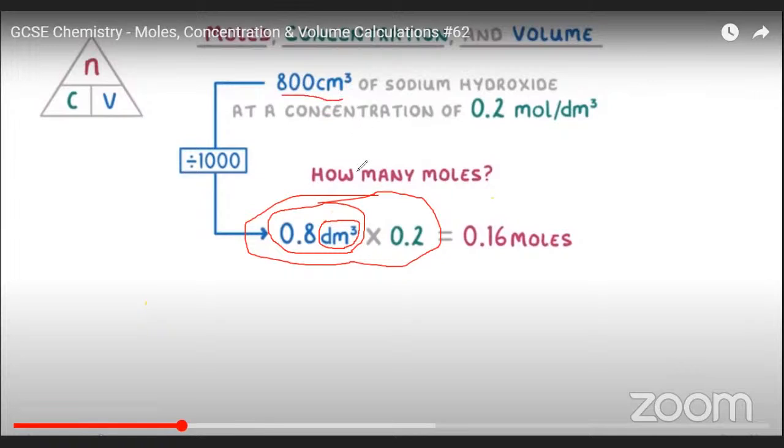Does that make sense? Yes, it does. So when we have our volume already in decimeters cubed, there is no need for you to divide by 1,000. If it is in centimeters cubed and you're finding moles, you have to divide by 1,000 to turn the volume into decimeters cubed. Does that make sense? Yes, teacher. Okay, let's continue and see.